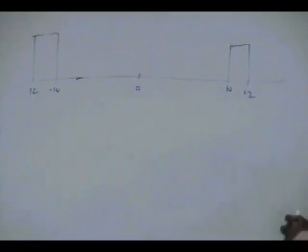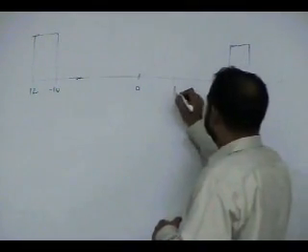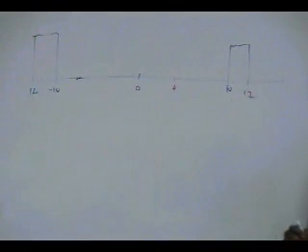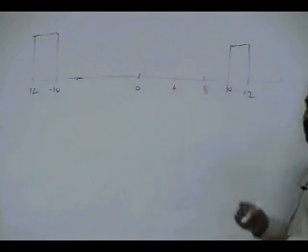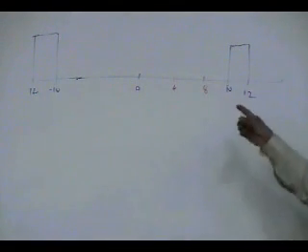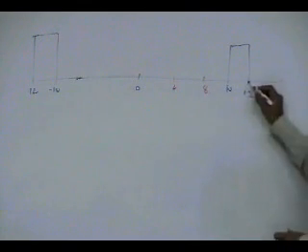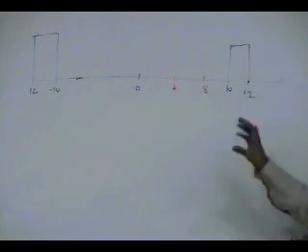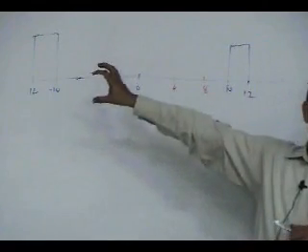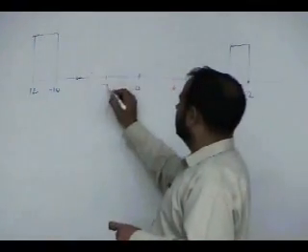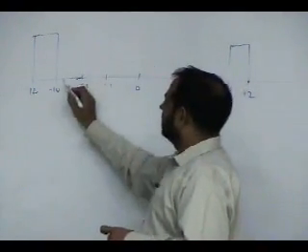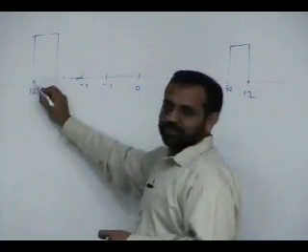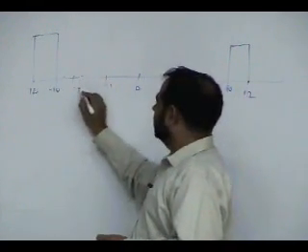Same thing. But what do you get once you copy it at 4? And what do you get once you copy it at 8? And what do you get once you copy it at 12? So we are going to get a lot of things here. And similarly, what do you get once you copy it at minus 4, minus 8, and minus 12? Again, a lot of things will happen.